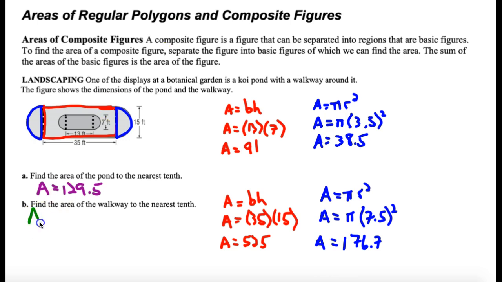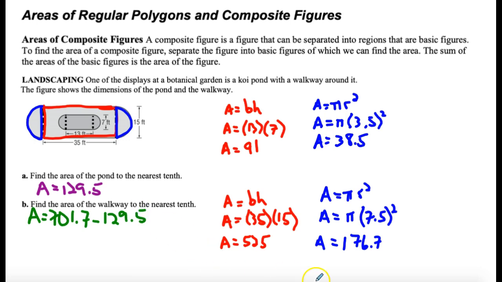So, not quite done yet. That's the area of this whole figure. I just want the area of the walkway, which means I still need to subtract the area of the koi pond. So I need to subtract 129.5.